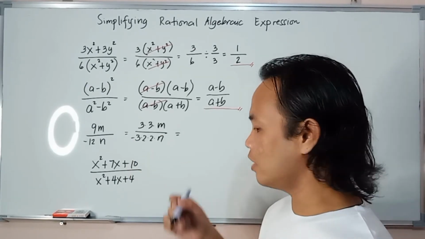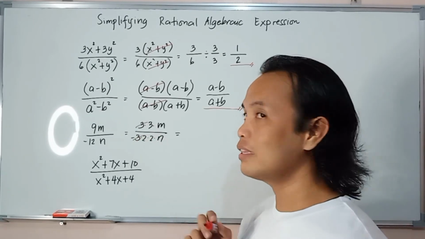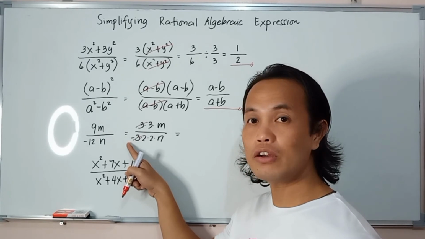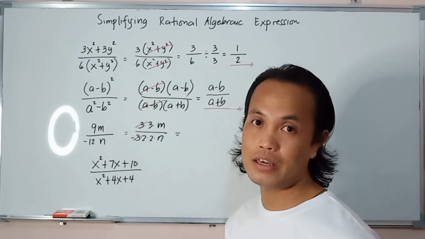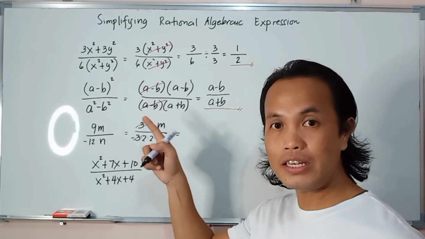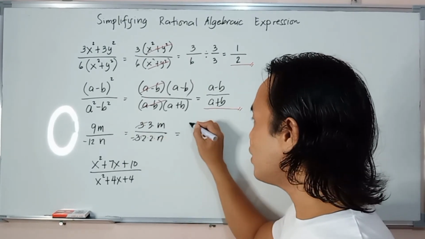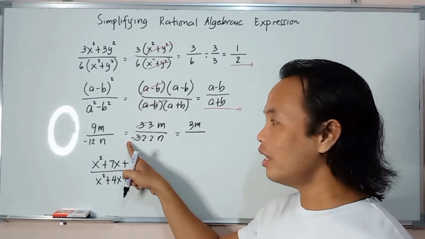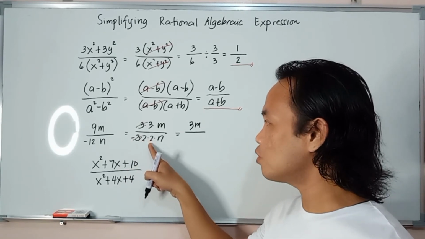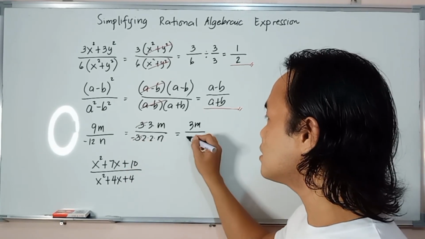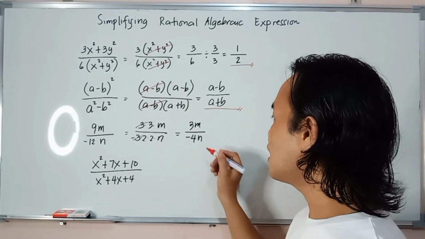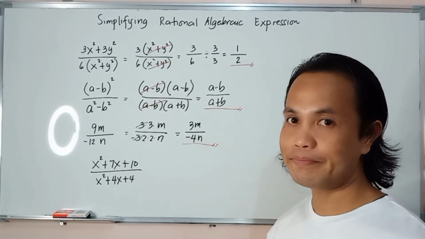We cancel out the 3 and 3. But take note, when we cancel out the 3 here and the 3 here, the negative shall remain because positive divided by negative is negative. So what remains in the numerator shall be 3m over the negative. Negative 1 times 2 is negative 2, times 2 is negative 4. Then we have the n, that is negative 4n. So this is now our final answer.